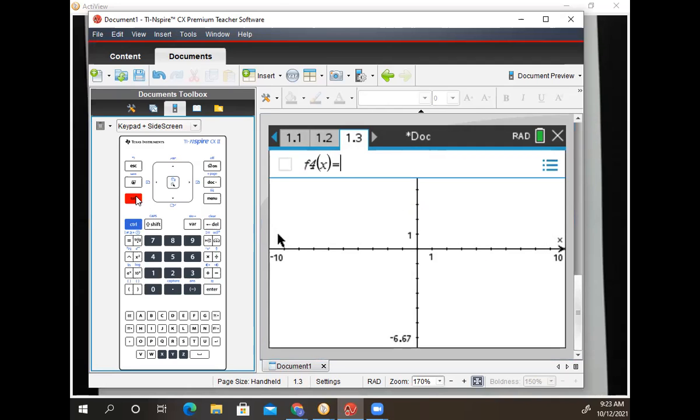And then our next one, another x to the 4th plus x cubed plus 4x squared plus 4x.